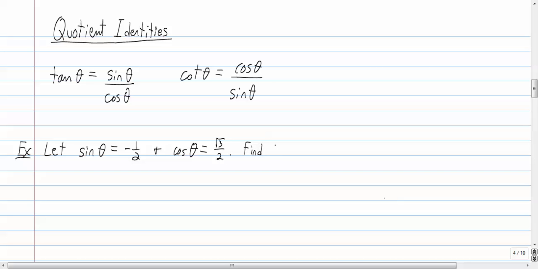Find the exact values of tangent of theta and cotangent of theta. So we don't have to know what x, y, and r are equal to in order to work this problem. We can just use the quotient identities.